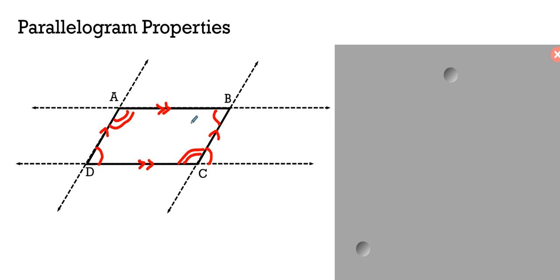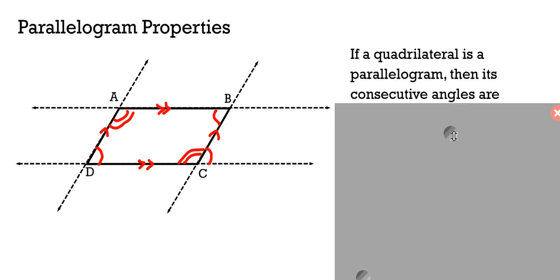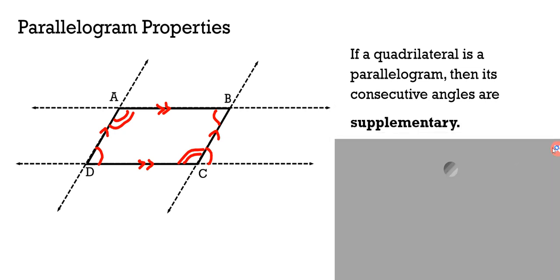The previous idea talked about the relationship between opposite angles in parallelograms. Well, if a quadrilateral is known to be a parallelogram, then its consecutive angles, we're talking about A and D, A and B, and C and so forth, are supplementary.